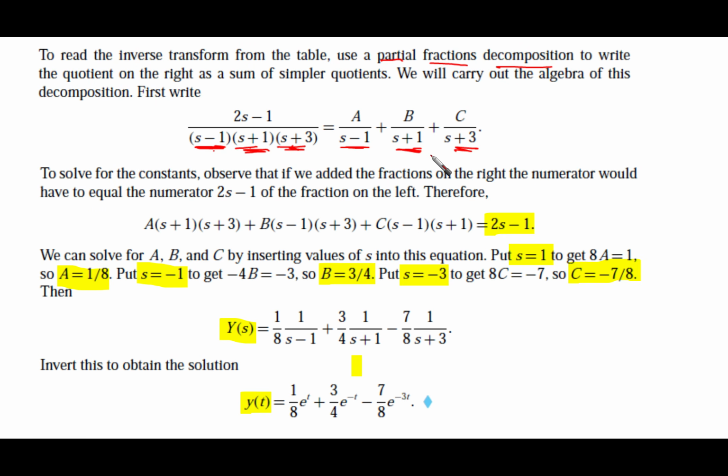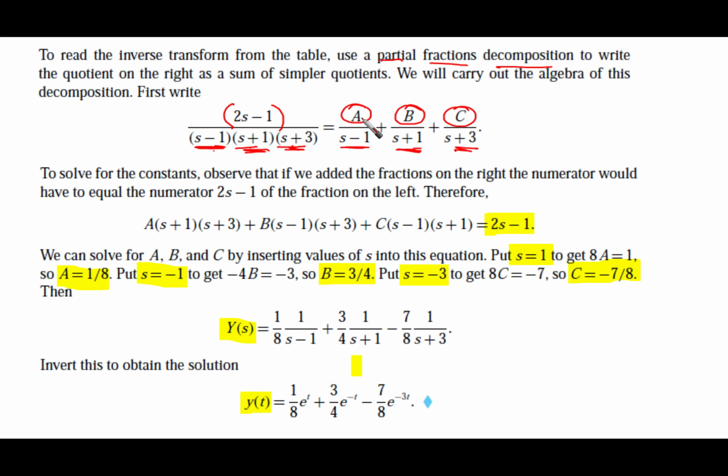Okay, so this is the first part, and the numerators for each one are going to be A, B, C, like variables, we do not know them. Then the decomposition means what? That the numerator here is going to equal the numerator that is going to be created here, right? What is the numerator that is going to be created from these three terms?